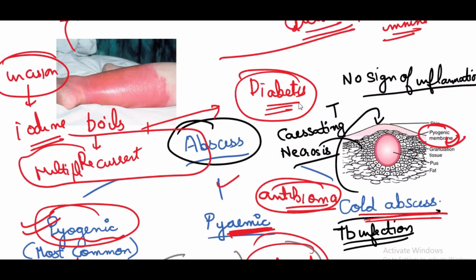The other is the cold abscess. Remember, a cold abscess is characterized by being non-reactive in nature. So there would be no sign of inflammation, like heat, redness, or pain, and it is associated with tuberculosis infection. What are the common sites of cold abscess?